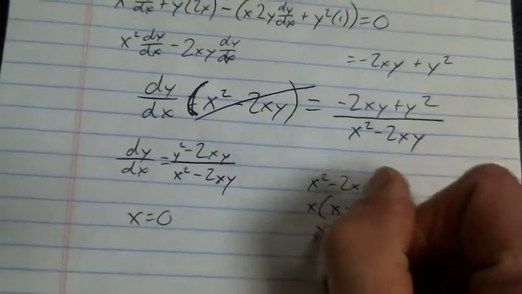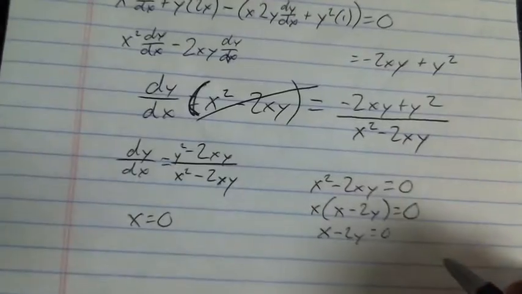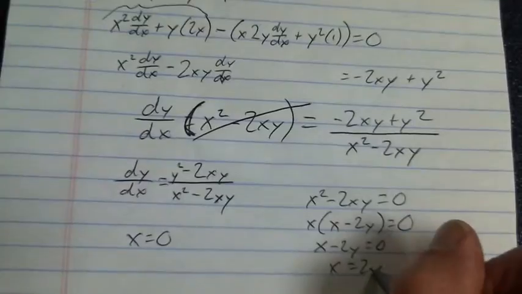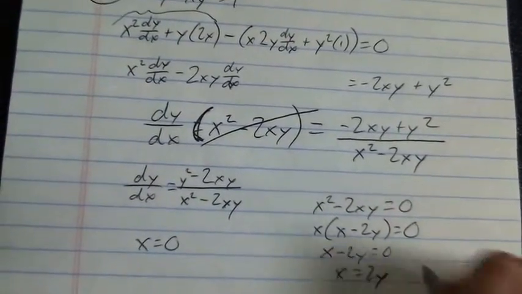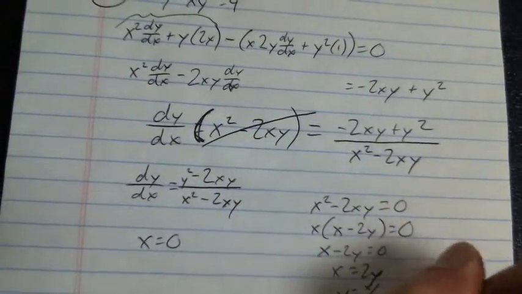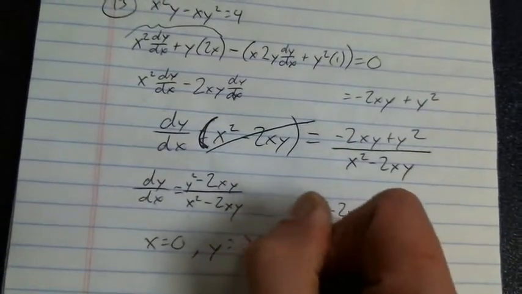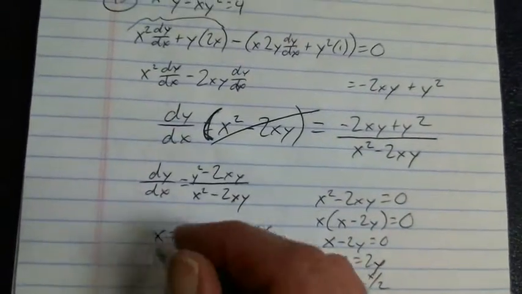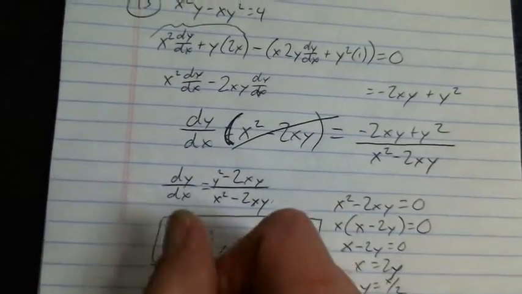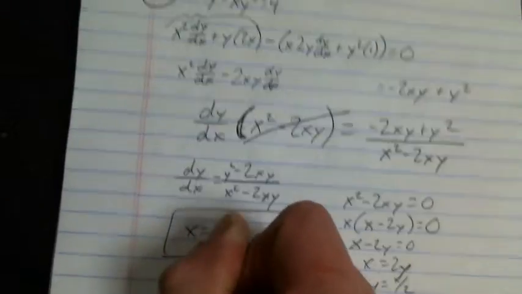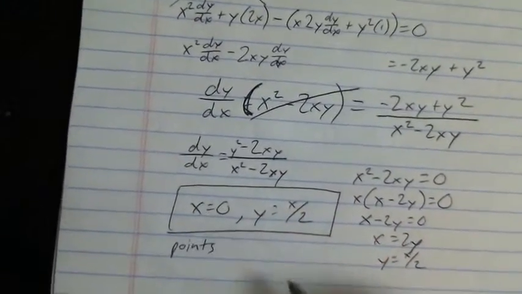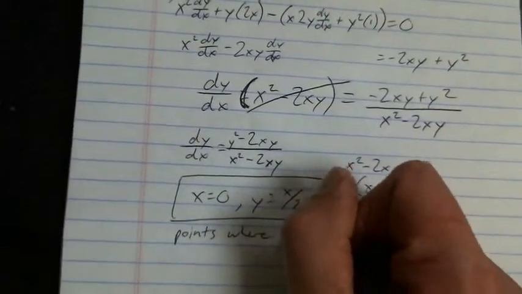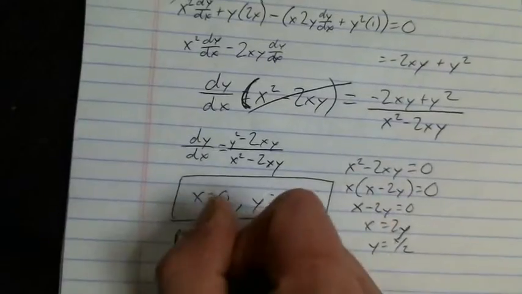And where x minus 2y equals 0, another place where it's not defined, which is where x equals 2y, or y equals x over 2. Either one. But these are points or lines, as the case may be, where dy dx is not defined.